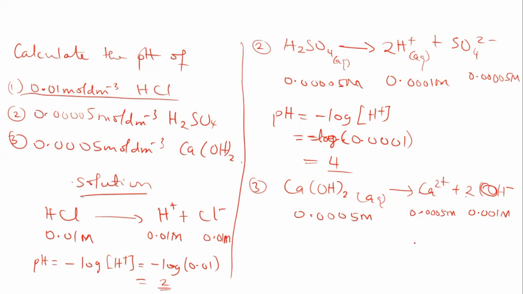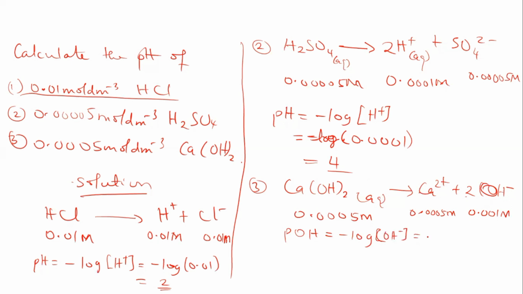So now in this case, we cannot calculate the pH directly because this is a base. What you have here is OH, so you have to calculate the pOH first. For bases, to get pH you first calculate the pOH, which is minus log the concentration of OH minus.